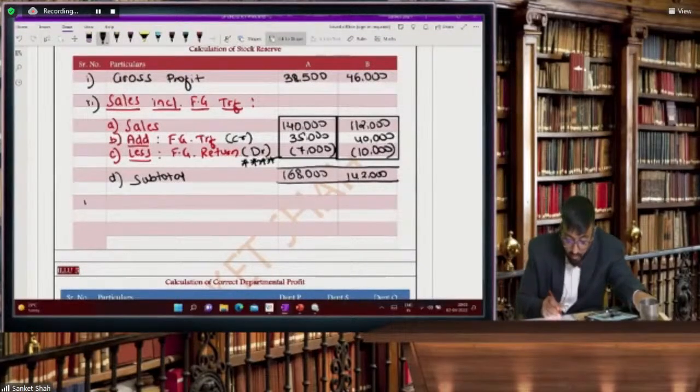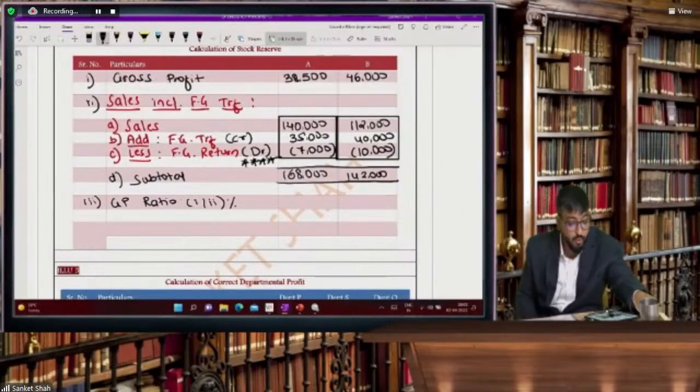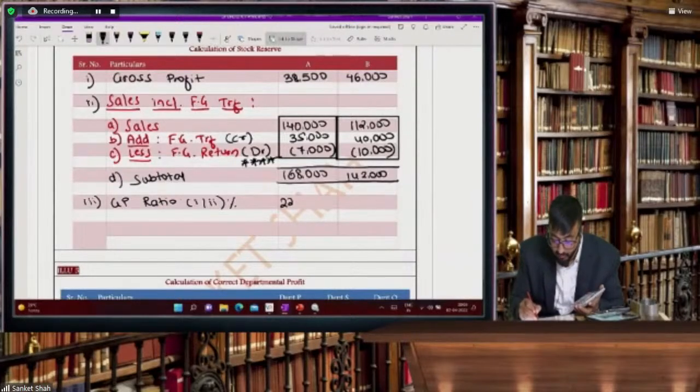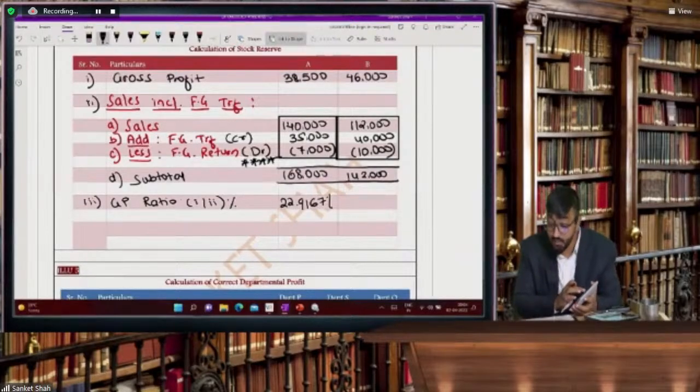Now beta, we are going to calculate the GP ratio. 1 divided by 2 percentage. Take up to 4 digits. I am telling you, it is not given. Take up to 4 digits. वो कैसे देंगे भाई? 22.9167. 46 upon 142.